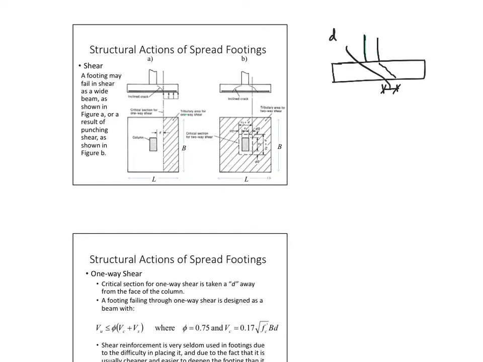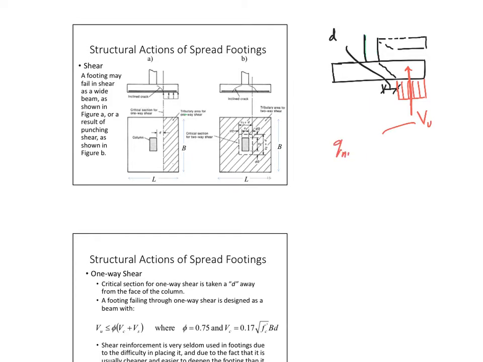And then consider that this whole thing breaks off. So the load that caused this to break off is going to be the load here, right? You see this F? This F becomes my Vu. Where do I get this Vu from? Again, the same thing.